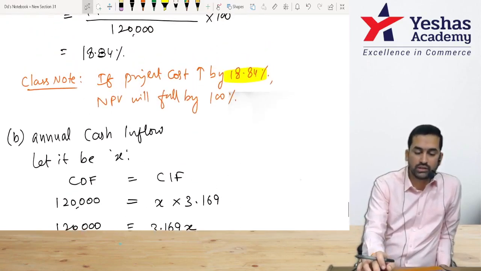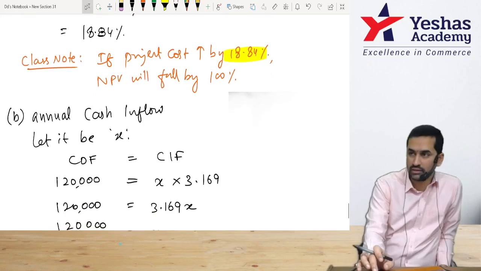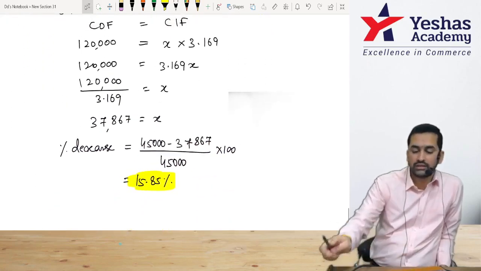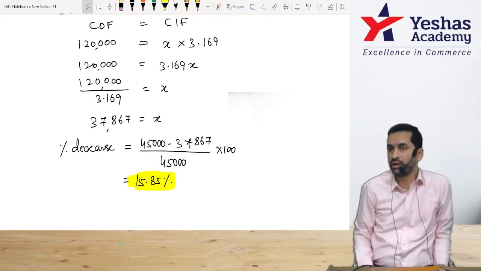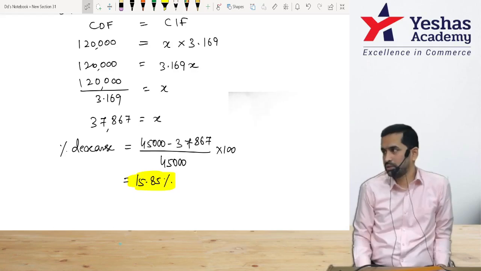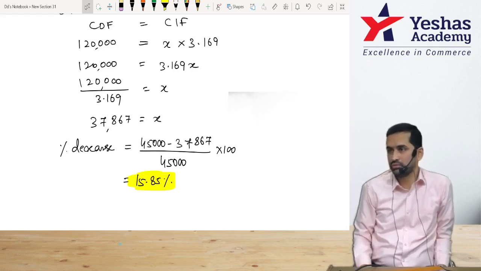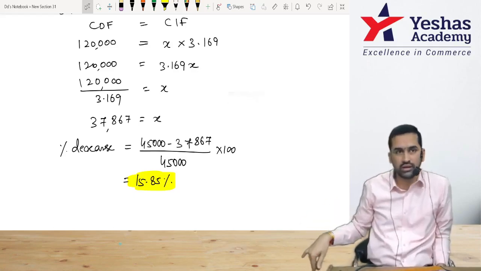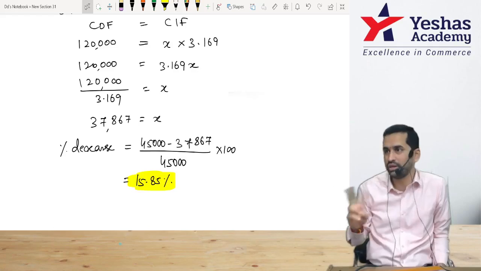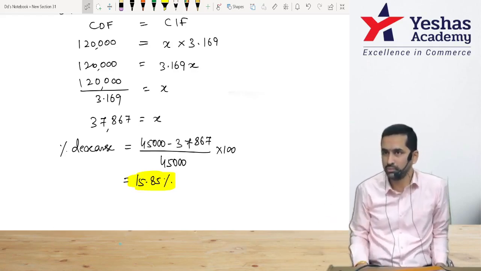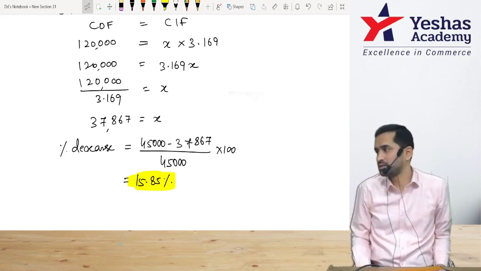If project cost changes by 18%, 18.8, then NPV will be 0. But cash inflow, even if it changes by 15.85, then it will be 0. That means project is most sensitive to cash inflow. By the way, conclusion is same, whether you do 10% adverse variance or reverse working, final conclusion will be same. Two different ways. I'm not saying two different solutions, different ways of doing same sensitivity analysis.